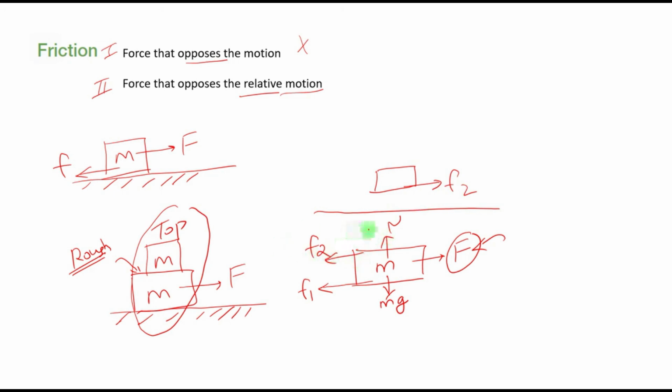Just to clarify, F1 is the force between the lower block and the ground, and F2 is the force between the top block and the lower block. Yes, absolutely. Now, in reality, forces always occur in pairs. So one might ask, where is the second F1?